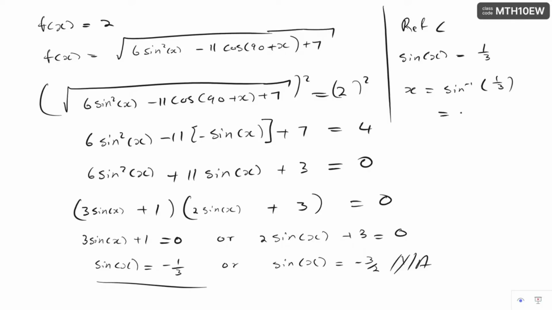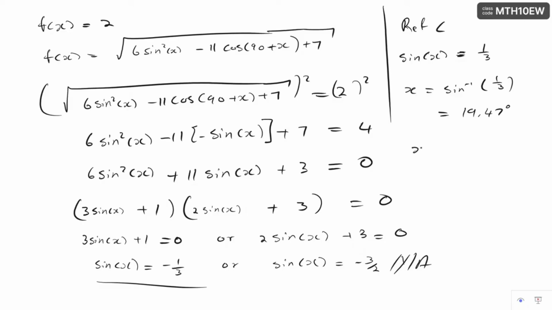Let me check. We're getting 19.47 degrees. So since I said this is a reference angle, and the sine value is negative, we need to check where sine is negative. Sine is negative where? In the third quadrant and fourth quadrant.